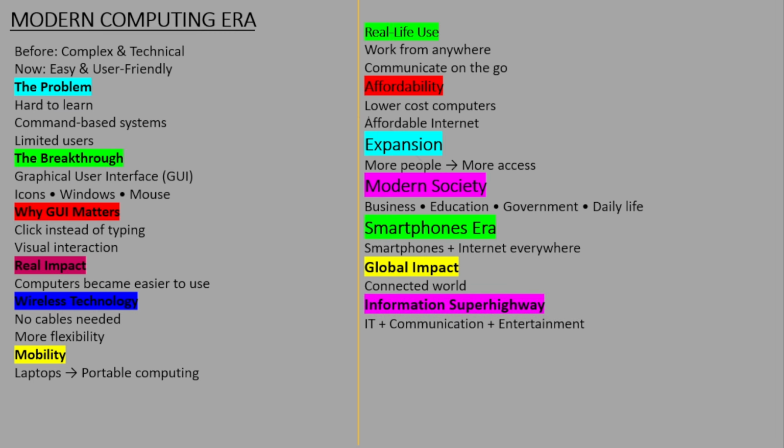There was once an idea called the information superhighway. That idea was that communication, entertainment, and technology would all come together into one system, right? And today, that idea is no longer a concept. It is a reality.